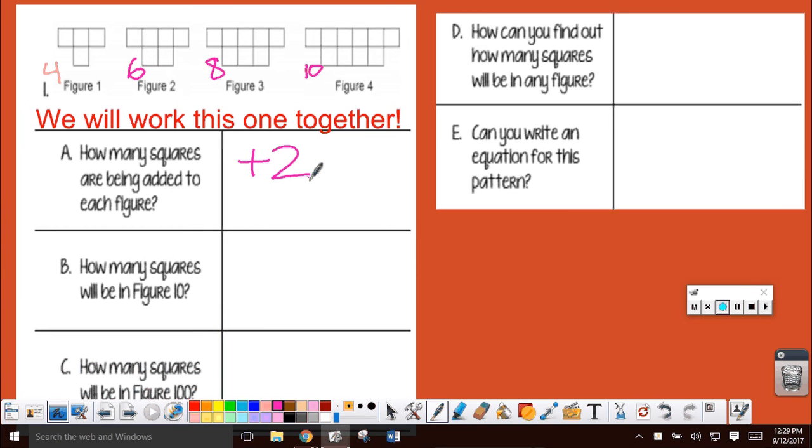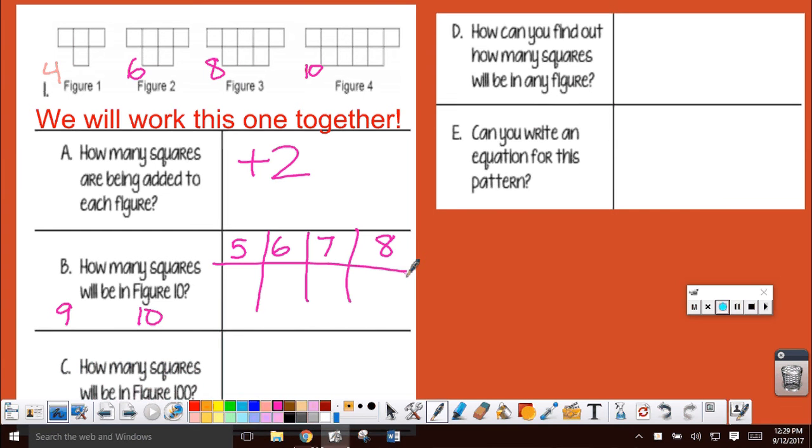Okay, how many squares will be in figure 10? I would write the rest of the figure numbers. So I would start with 5, 6, 7, 8, 9, 10. Okay, and I'm going to make a little table. So the top numbers are my figure numbers, and then the bottom numbers is going to be how many squares there are.